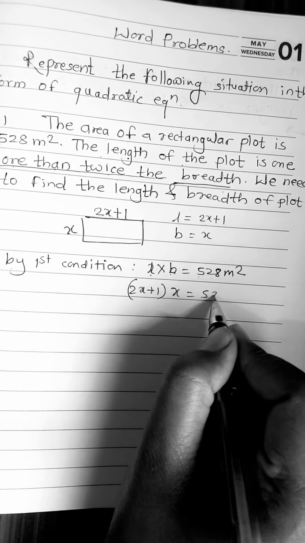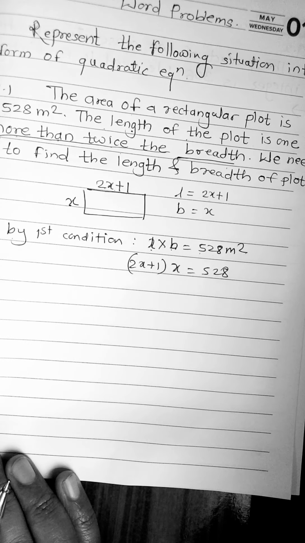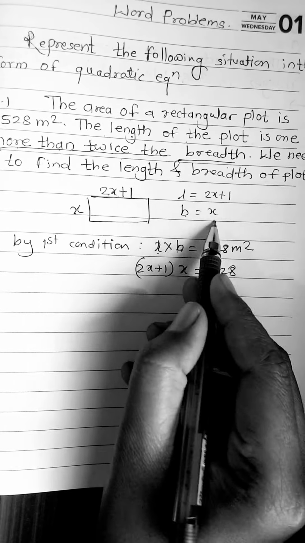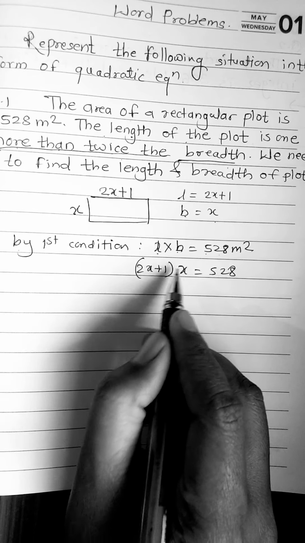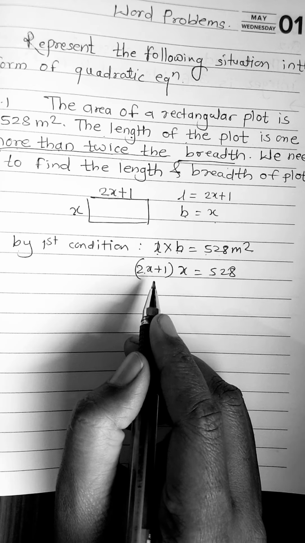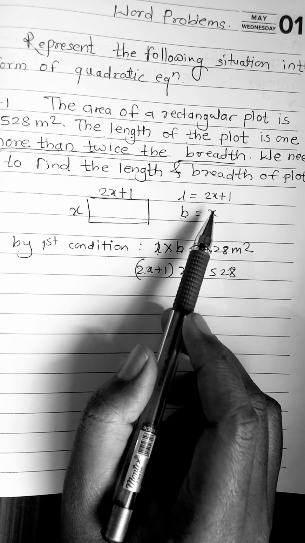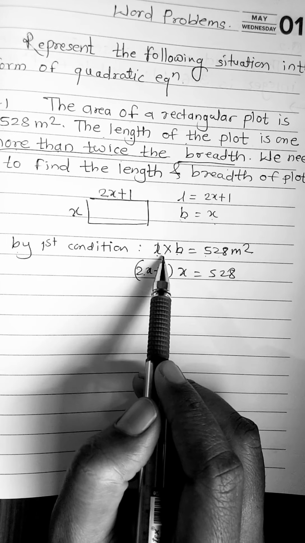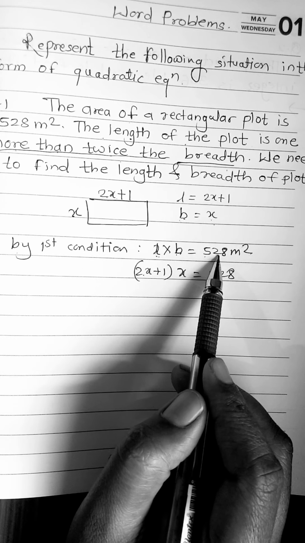So with length 2x plus 1 and breadth x, we get (2x plus 1) into x is equal to 528 meters square.